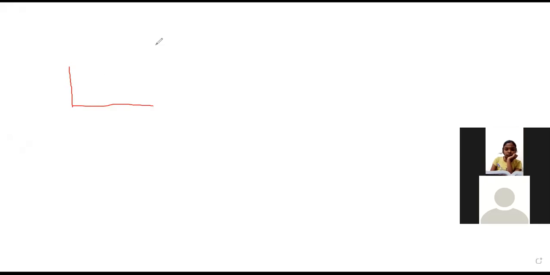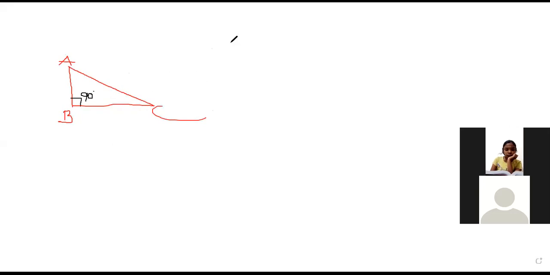This is my right angle triangle, triangle ABC. The angle at B must be 90 degrees. Then this triangle is called a right angle triangle.